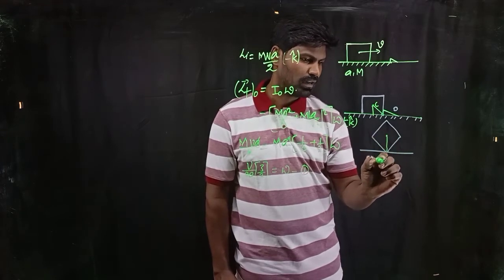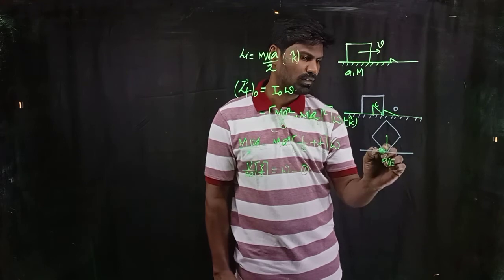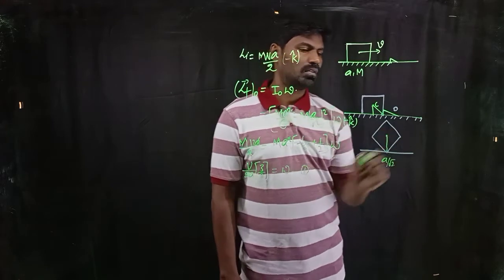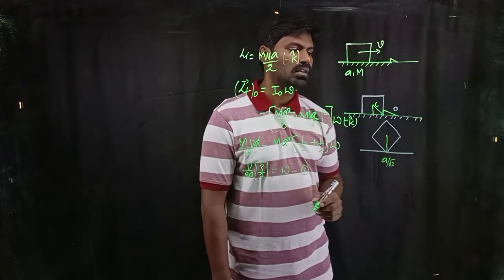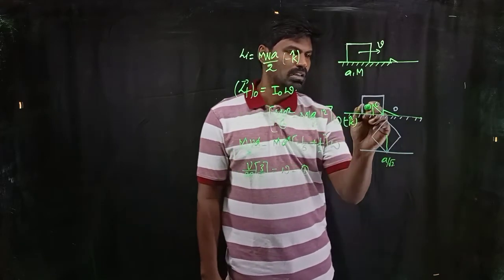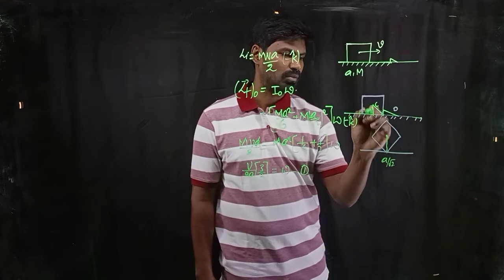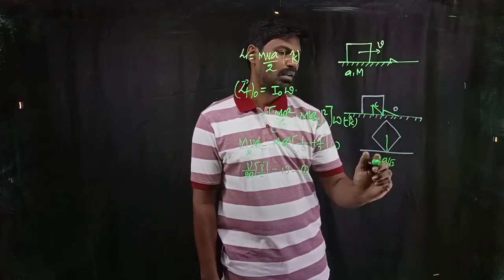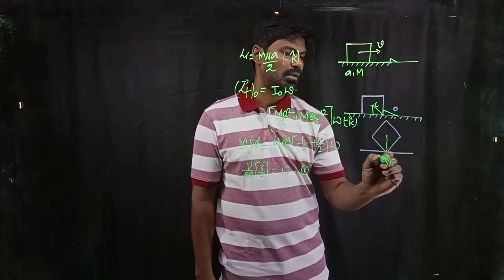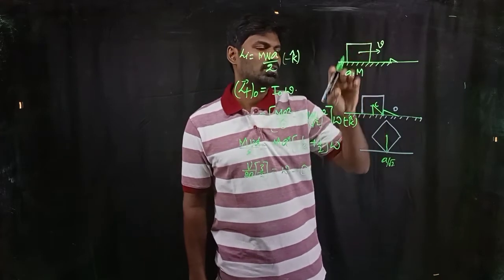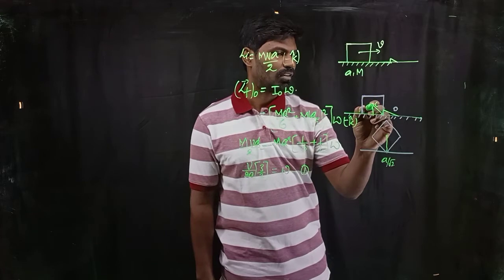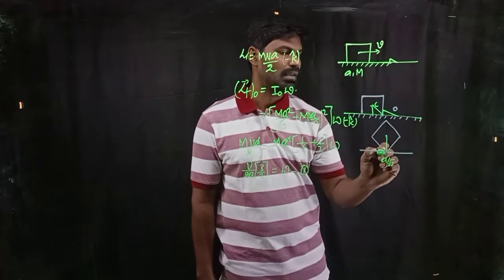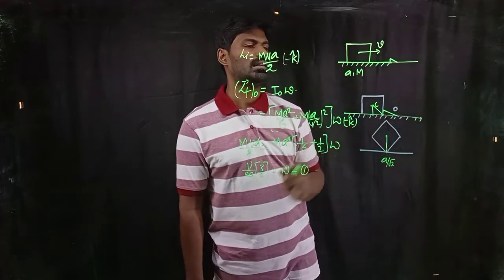This height is a divided by root 2, the distance from the corner to the center, the intersection of the diagonals of this square plate. Initially the center of mass is at a height a by 2. When it is about to tip over, the center of mass is at a height a by root 2. So the initial kinetic energy should be good enough to raise the center of mass from a by 2 to a by root 2. Then only can it tip over.